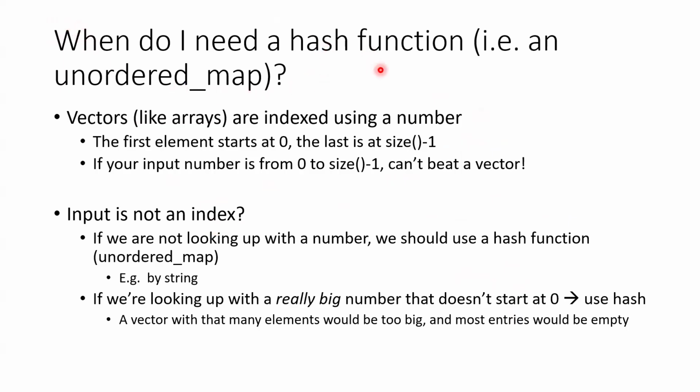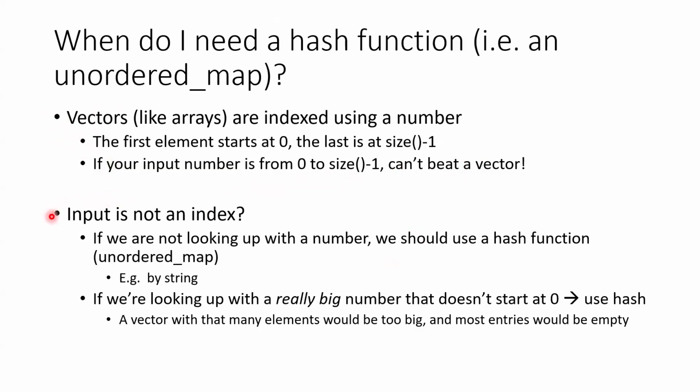When the input is not an index. Vectors, like arrays, are indexed using a number, and it needs to be a continuous range from 0 to the number of something minus 1. If your input number is continuous from 0 to size minus 1, the vector is always the best choice.